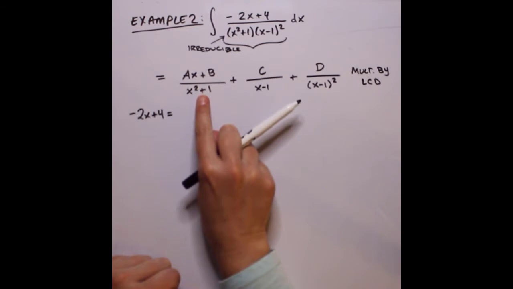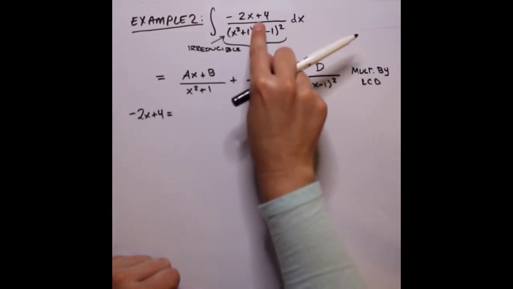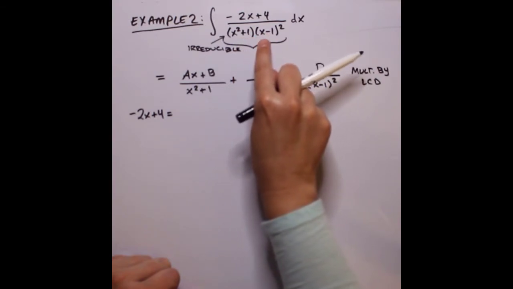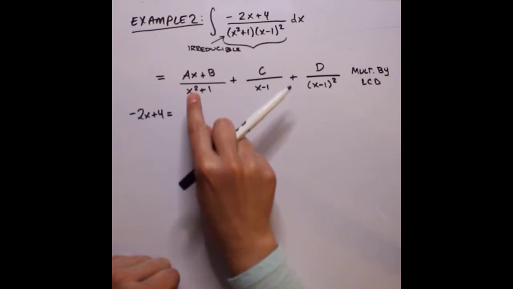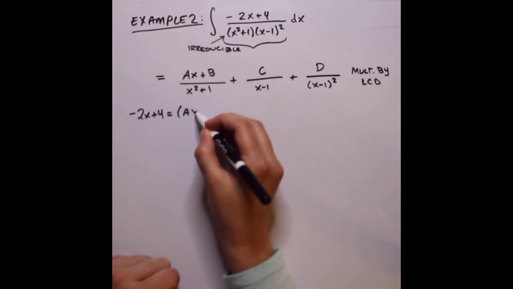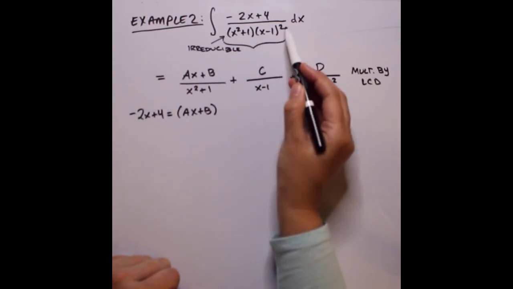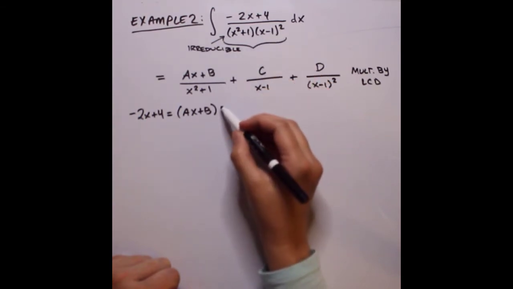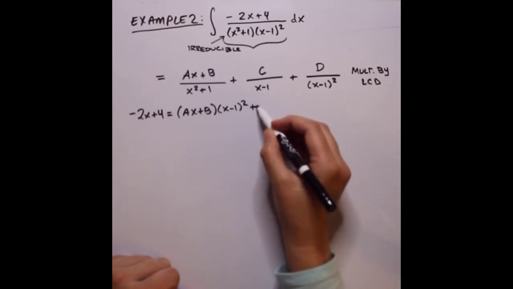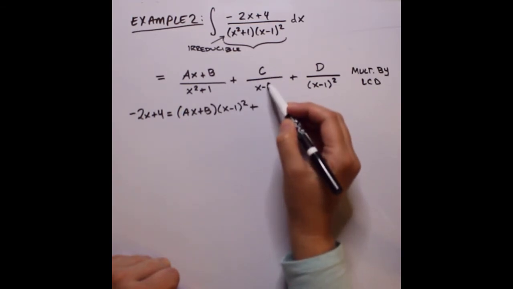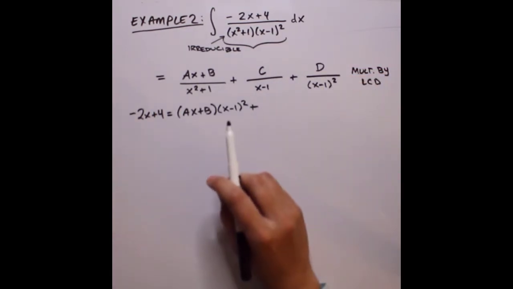When you multiply the right side of your equal sign by the LCD, think about what would happen. When I multiply by this denominator, the x squared plus 1 is going to divide with this x squared plus 1. So I'm going to be left with ax plus b times the other term that I multiplied by for my LCD, so times x minus 1 quantity squared. Moving right along, the middle term here, when you multiply by the LCD, let me make it really clear by putting it in another color.